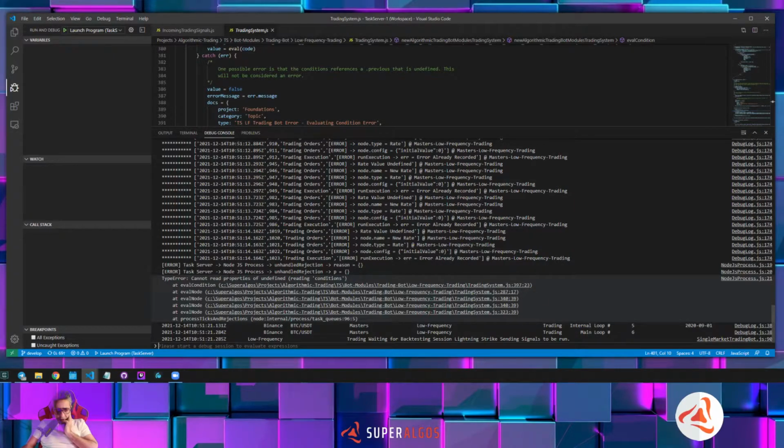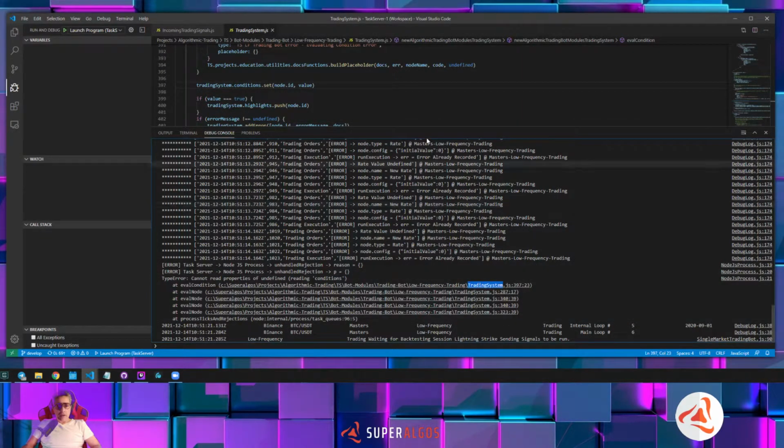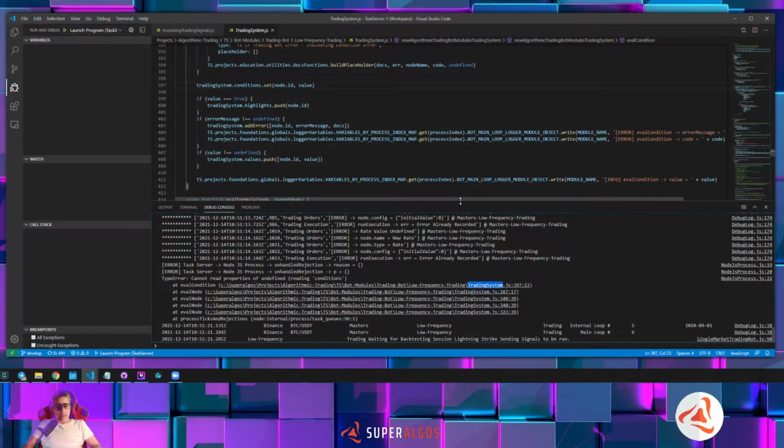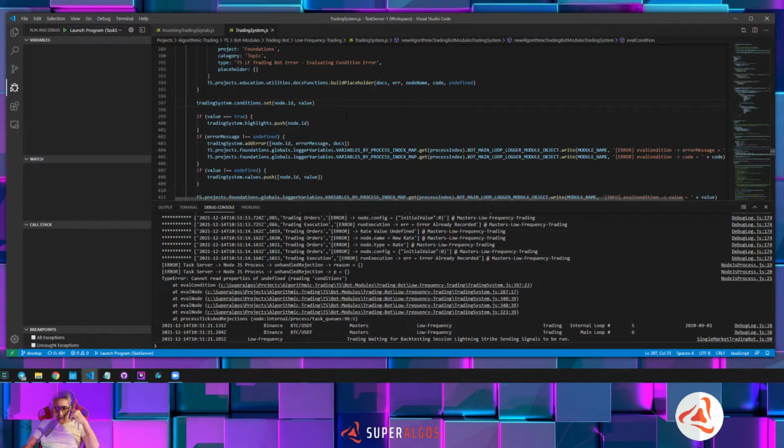Here it says cannot read property conditions of undefined.